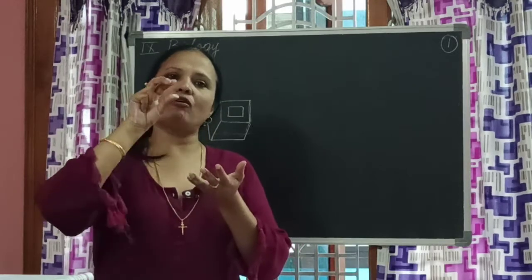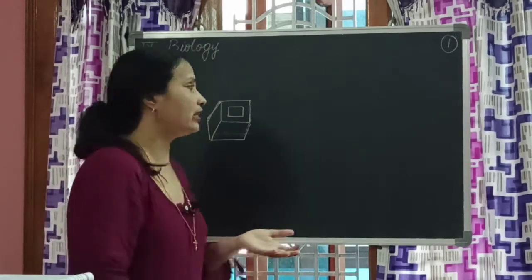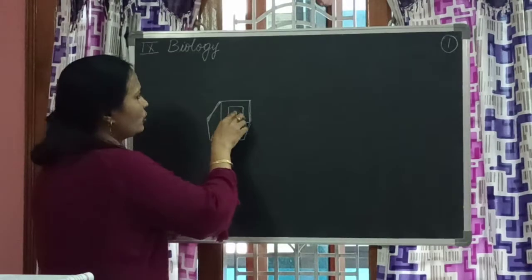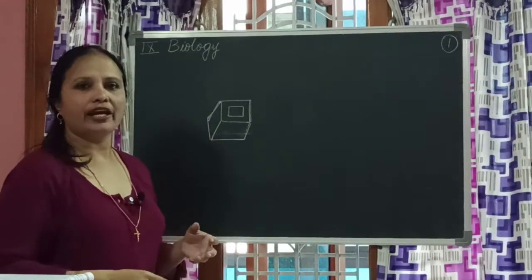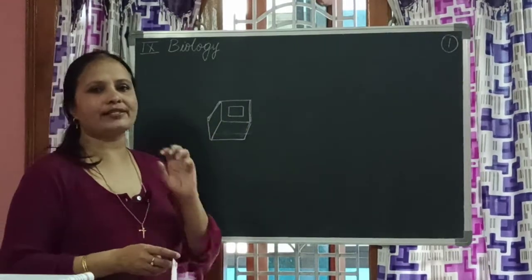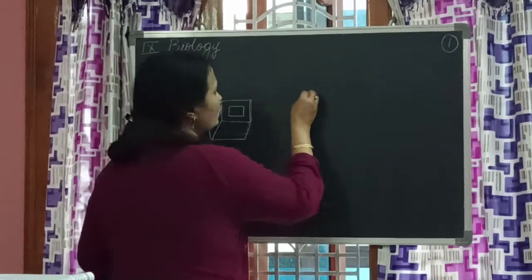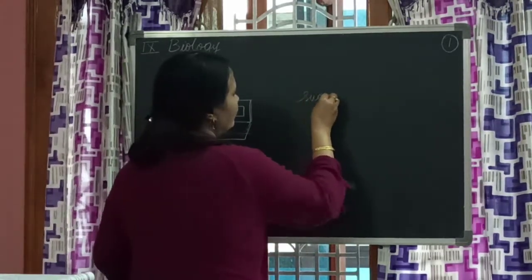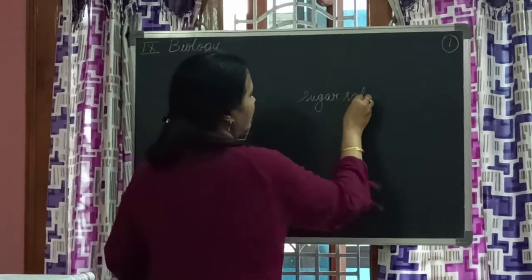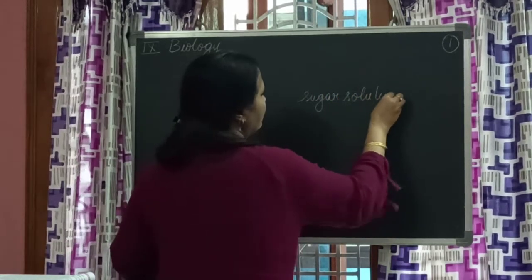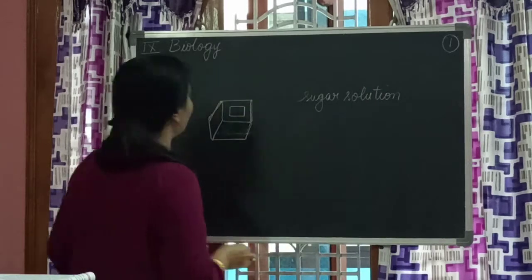A square or cube sized groove you have to make like this. If you check your textbook, you will understand the picture clearly. Into this, you have to pour sugar solution.